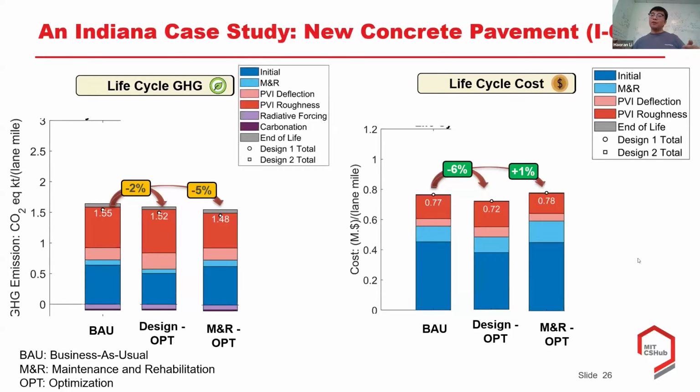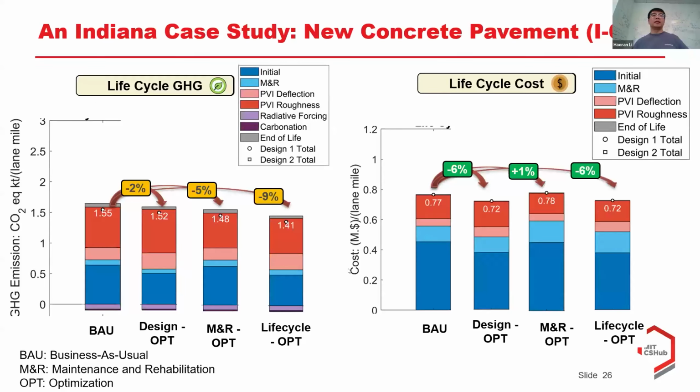But in the future, if they're designing a new concrete pavement, if they just want to know what the possibility is from the optimization, not only design, not only M&R, but design and M&R simultaneously, how much they could be saving. So these are what they could save for this given study. Even though that is around 9% to 10% of CO2 saving, and 6% of the cost, it's still millions of dollars or kilotons of CO2 for just one lane mile.